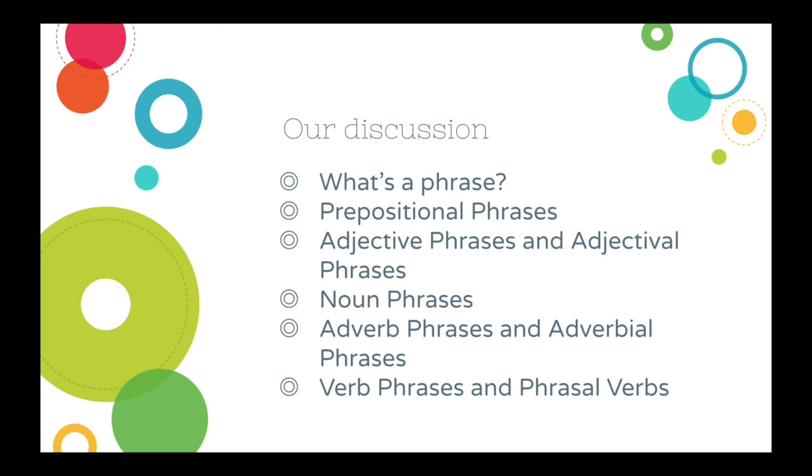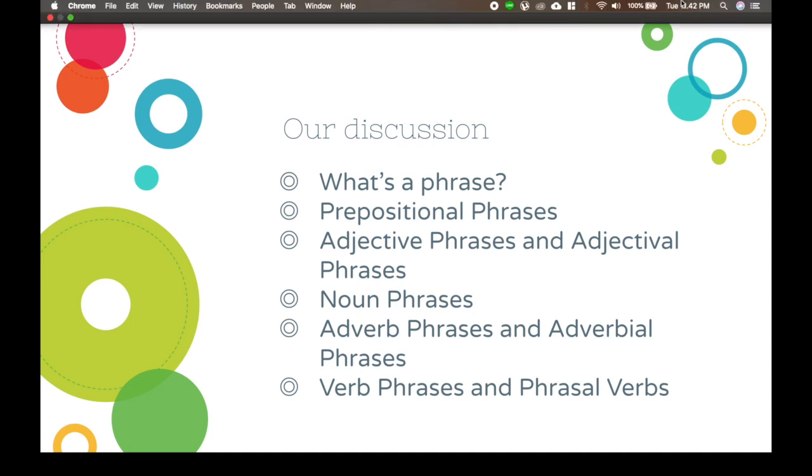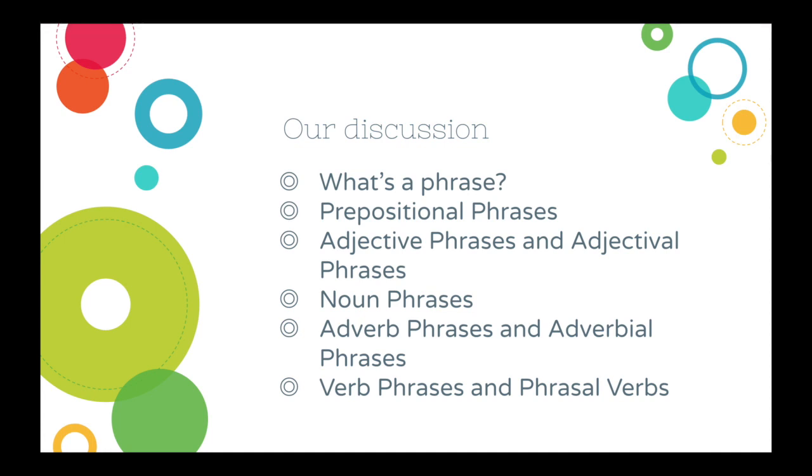The last one, phrasal verbs, I don't think we're going to talk about it. In my opinion it's not that important in this context. In any other context phrasal verbs are really important, but not for this video, so we'll skip it.